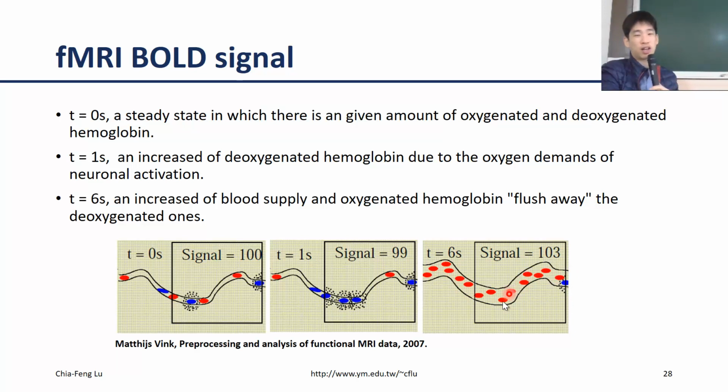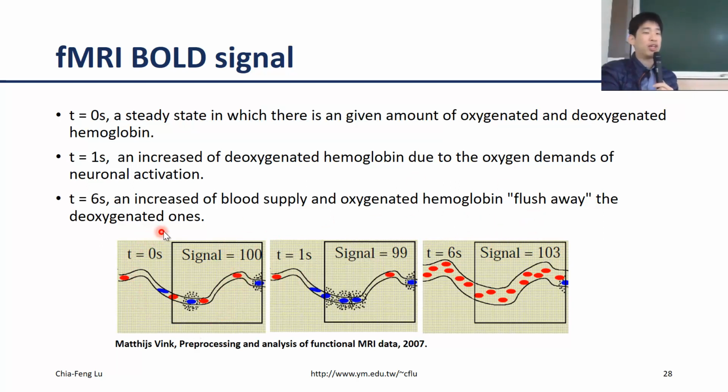So now you can count so many oxygenated hemoglobin, the red dots right here, but a very small number of deoxygenated hemoglobin. It's a very sufficient, or oversupplied, idea about the increase of the blood flow. So now since the deoxygenated hemoglobin, the blue dots, become so few, the signal will be driven up and become higher. So that is a temporal scenario that you can imagine in your brain.